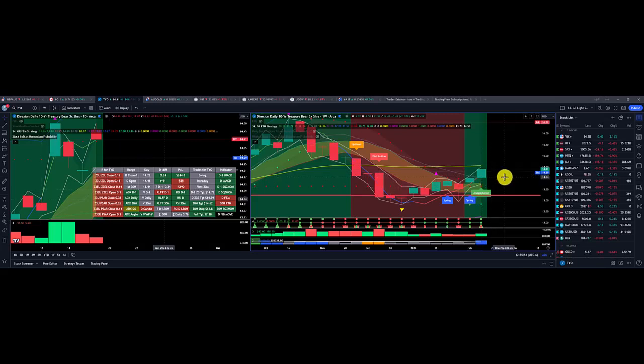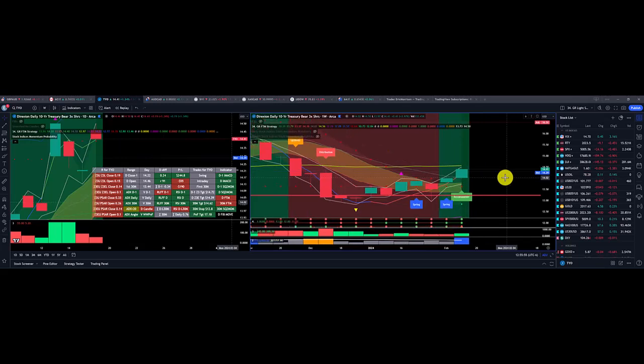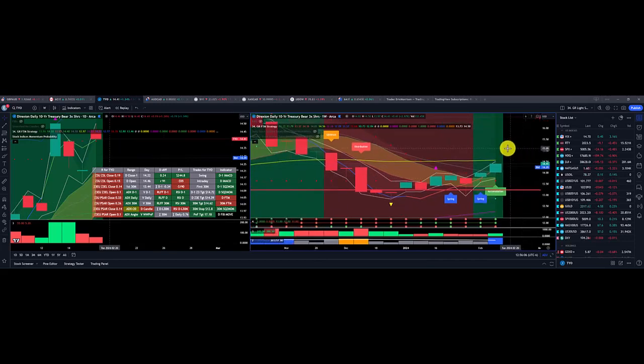Now, one of the things that I have is I trade FOREX futures, but I also trade stock indices. And what I've done is started to utilize COT, or commitment of traders, as an overall filter to the trend following.